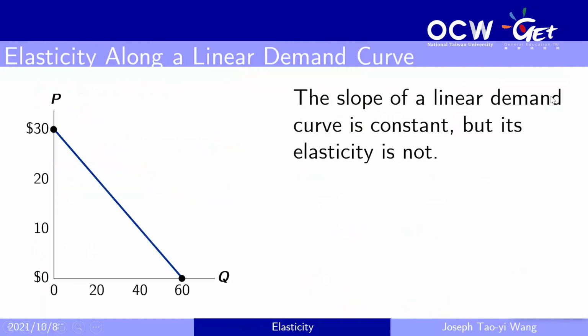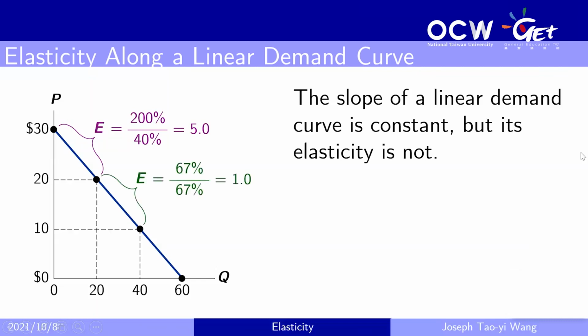Okay, so one thing to note is this. If you have a linear demand curve, the slope is constant, but price elasticity is not. Going from 0 to 20, the price elasticity is 5. Going from 20 to 40, price elasticity is 1.